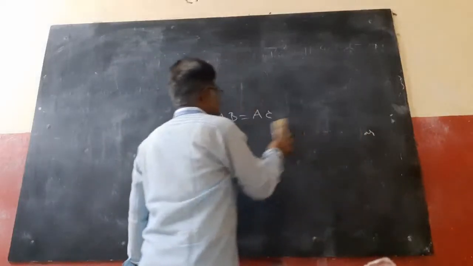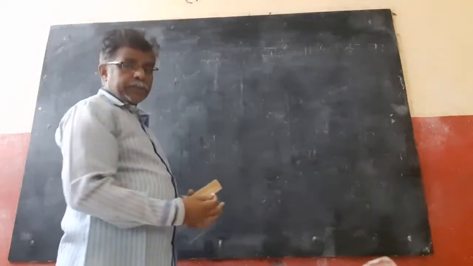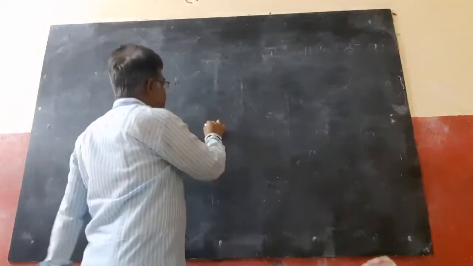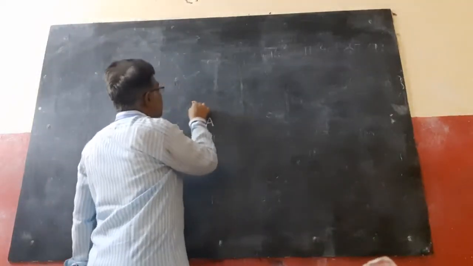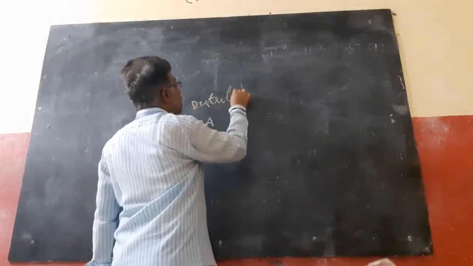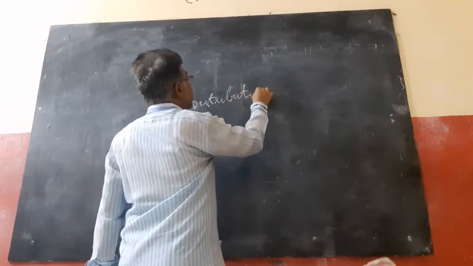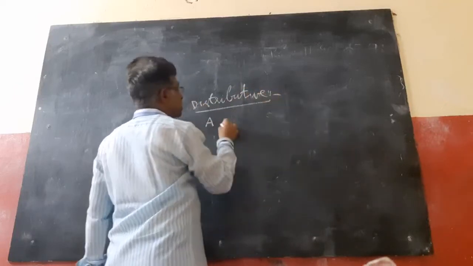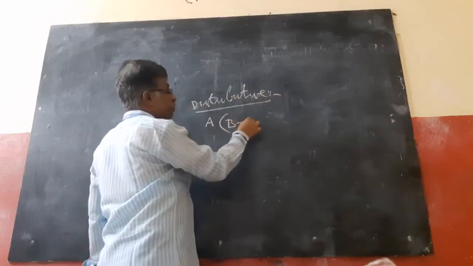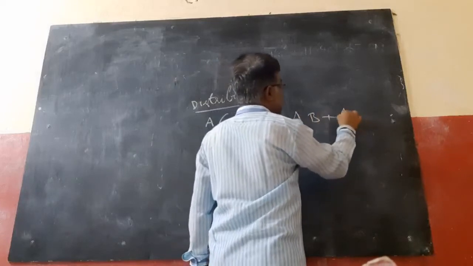Next property under multiplication is the distributive property. Distributive over addition, this is a combination. A into B plus C is equal to AB plus AC.